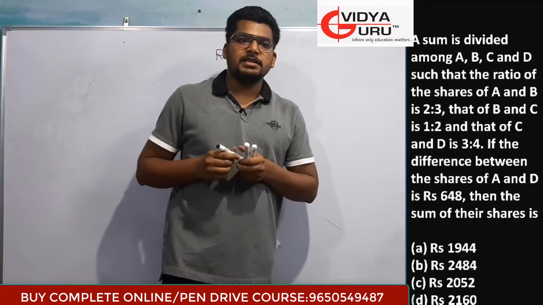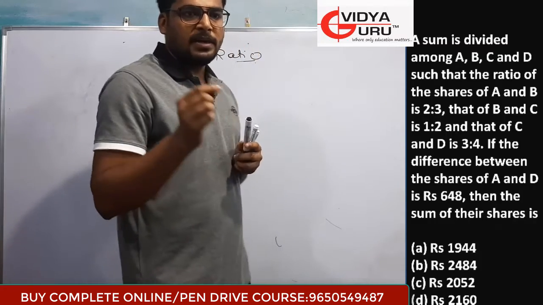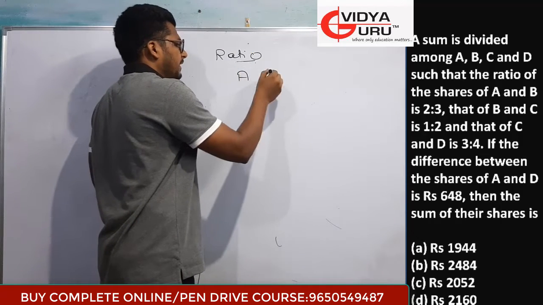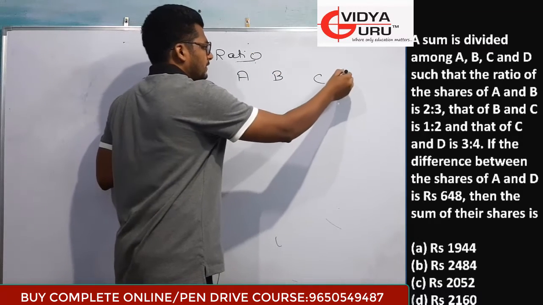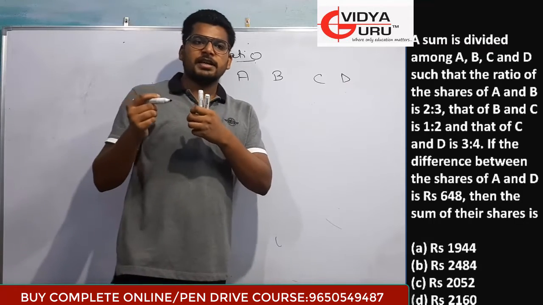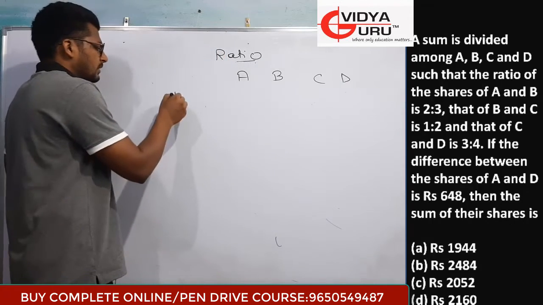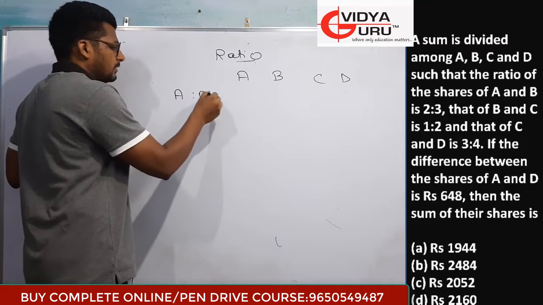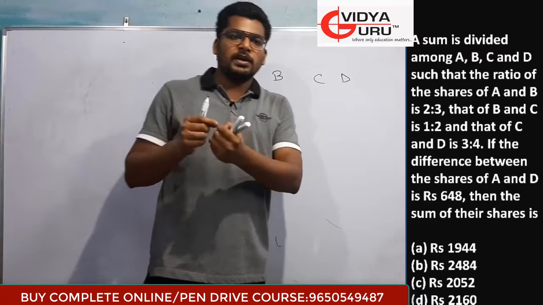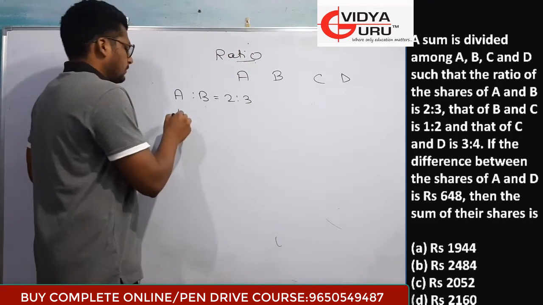Our next question is saying, a sum is to be divided between A, B, C, D. The question is saying the ratio of shares of A and B is 2:3, that of B and C is 1:2, and C and D is 3:4.